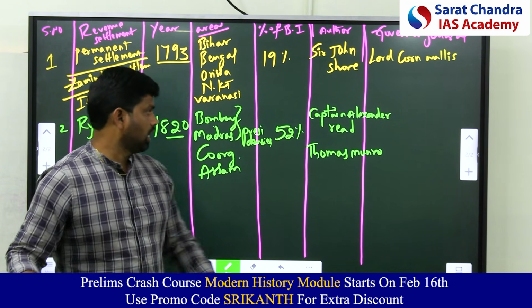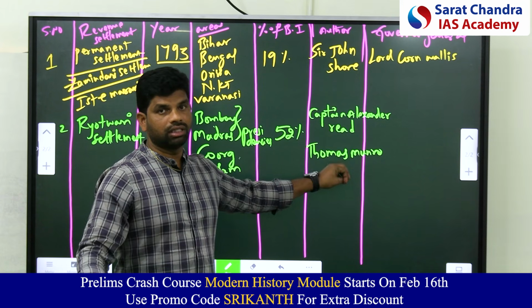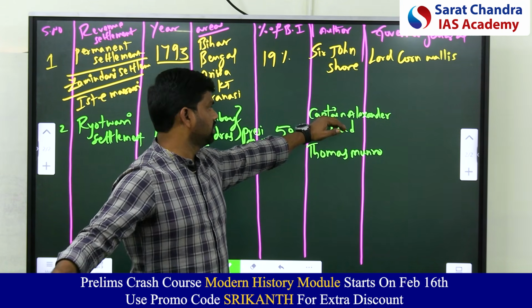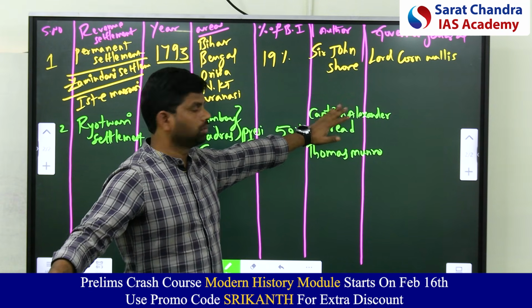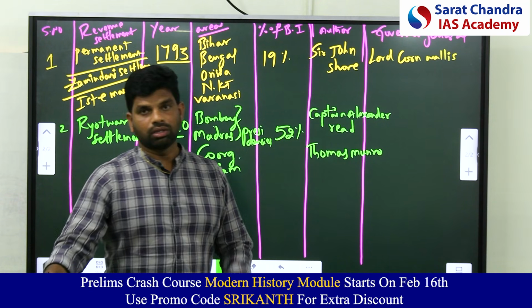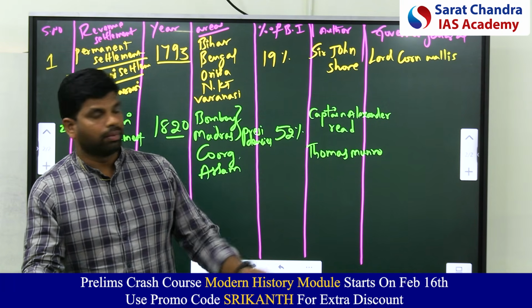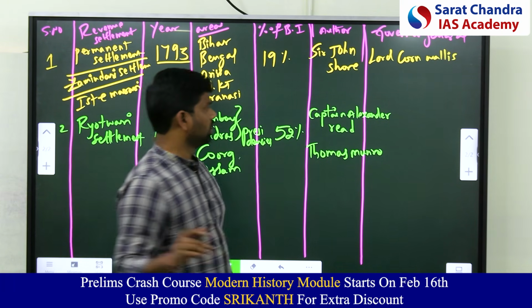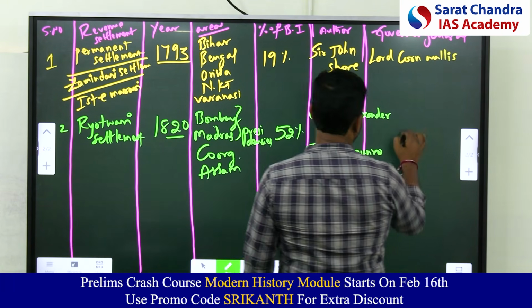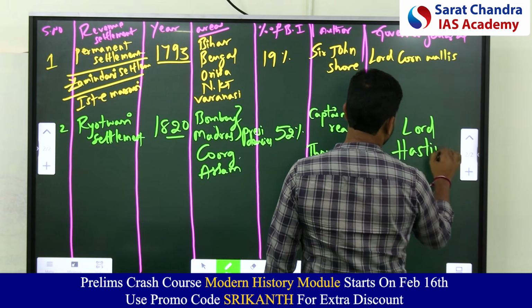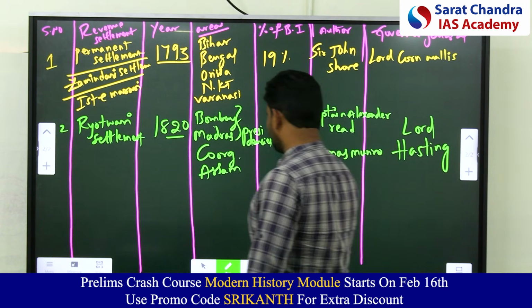Thomas Munro, who worked as the Madras Governor, implemented this system from the ground level in a practical manner. The Governor General during this time is Lord Hastings.